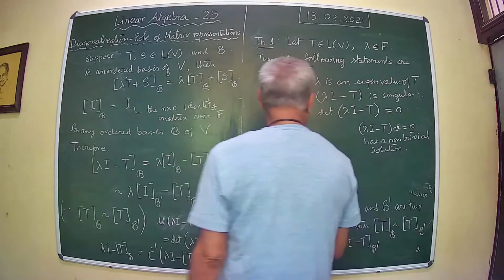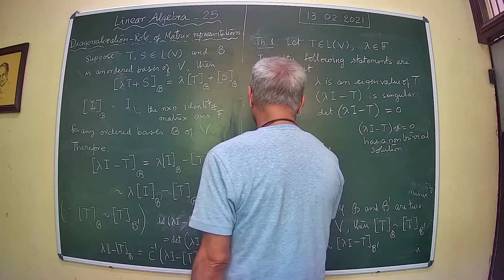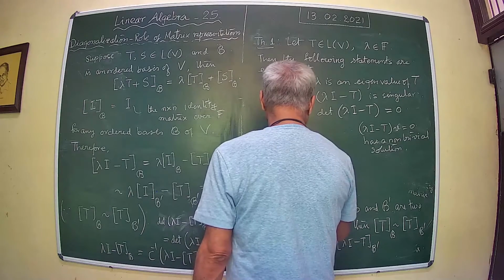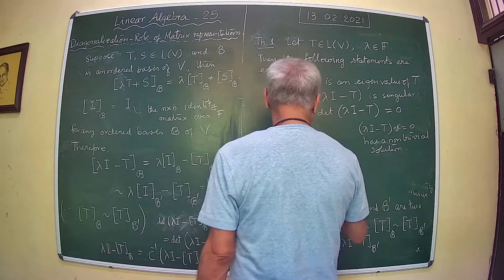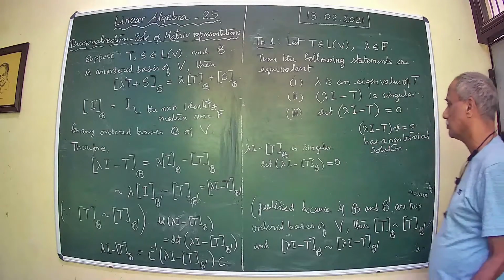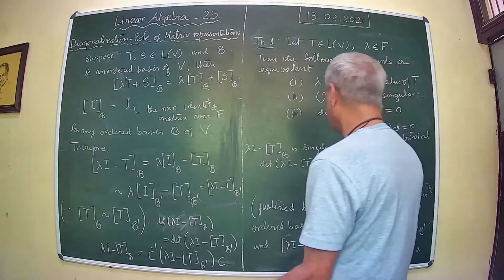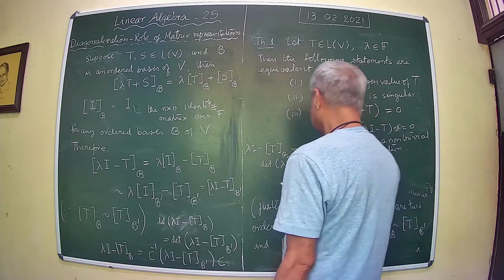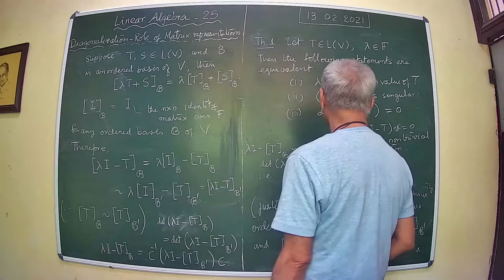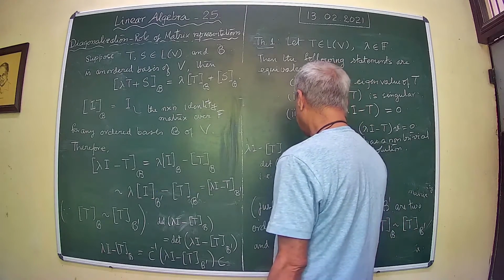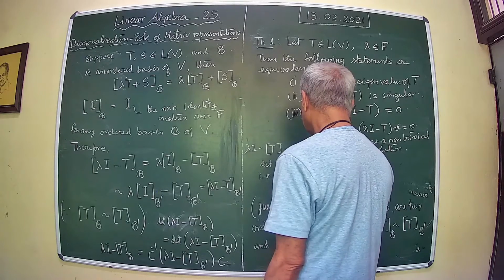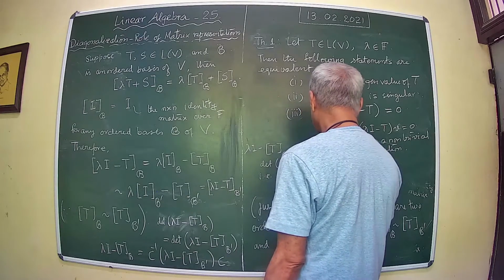This you know, this means that the determinant of... is equal to 0. And this is exactly what we call, that is from our definition of determinant of T, this is equal to determinant of C.